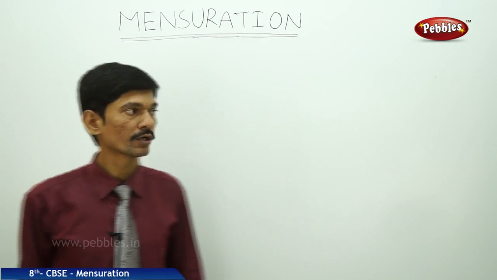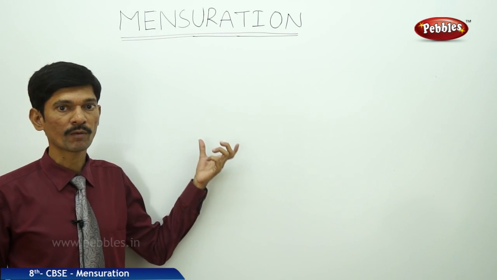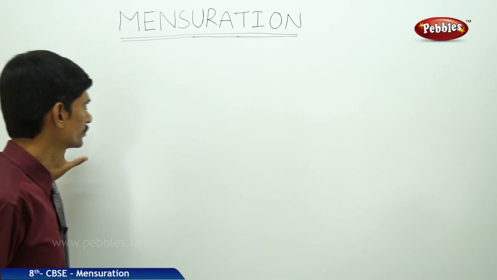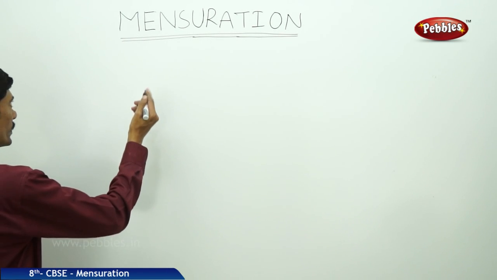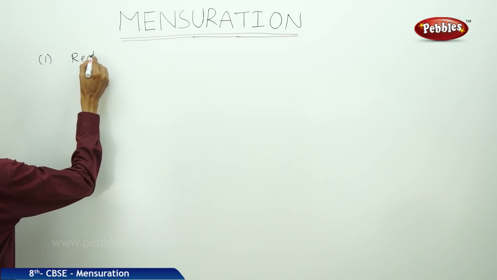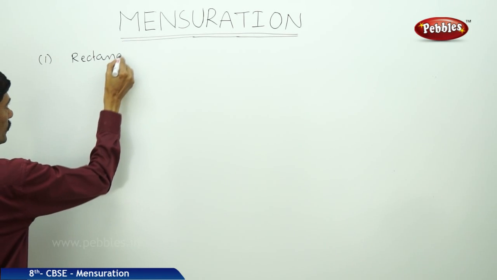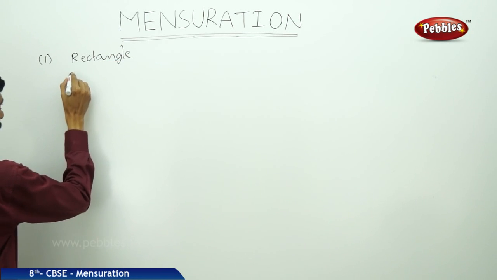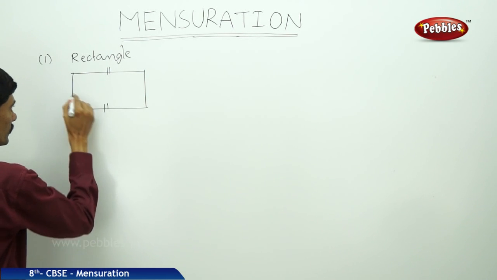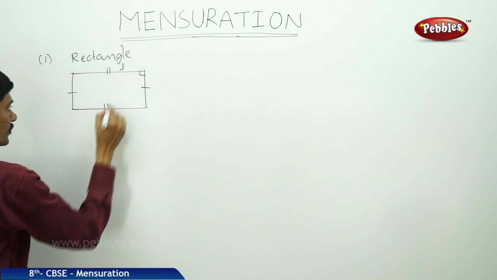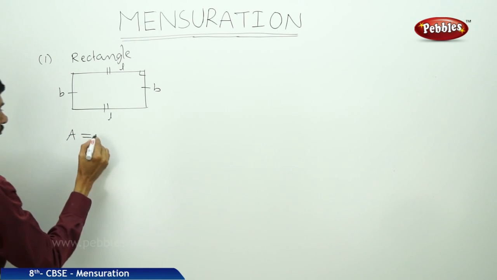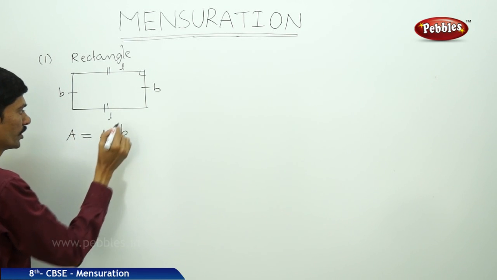Now let us recall the formulas which we have learnt in the previous classes, which we use mostly while doing problems in mensuration. First, consider a rectangle. Its area A equals length into breadth.